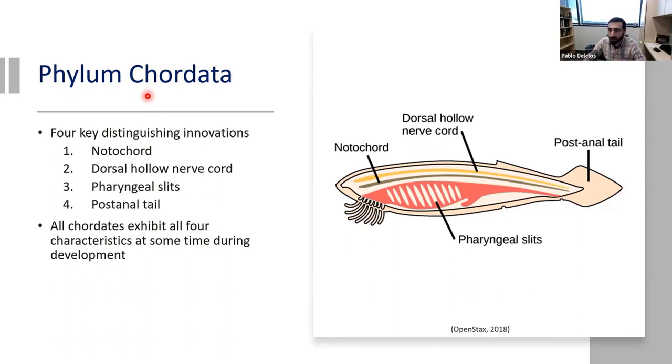And chordata have 4 key distinguishing innovations that we only see in chordata, and it's also important to note that all chordates have these 4 characteristics, even though we don't think of ourselves as having something like pharyngeal slits or gills. We do at some point in our development, very early in our embryonic stages.